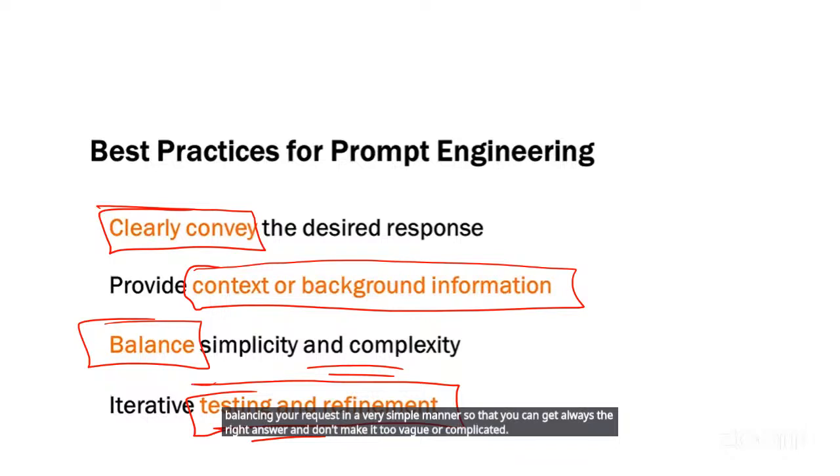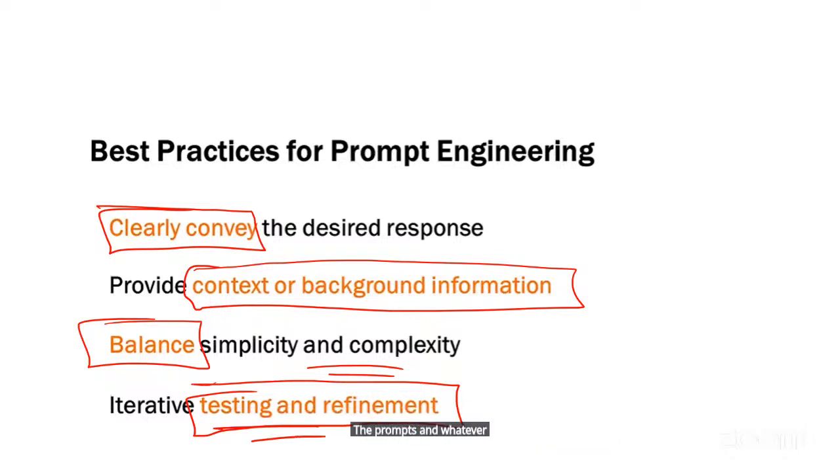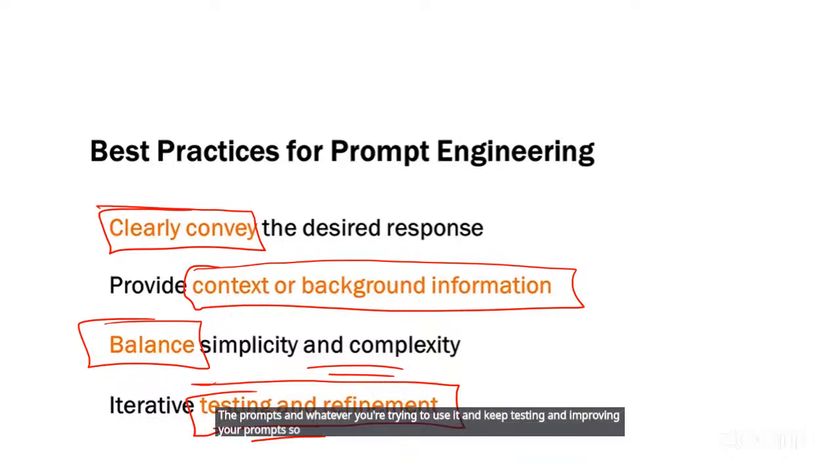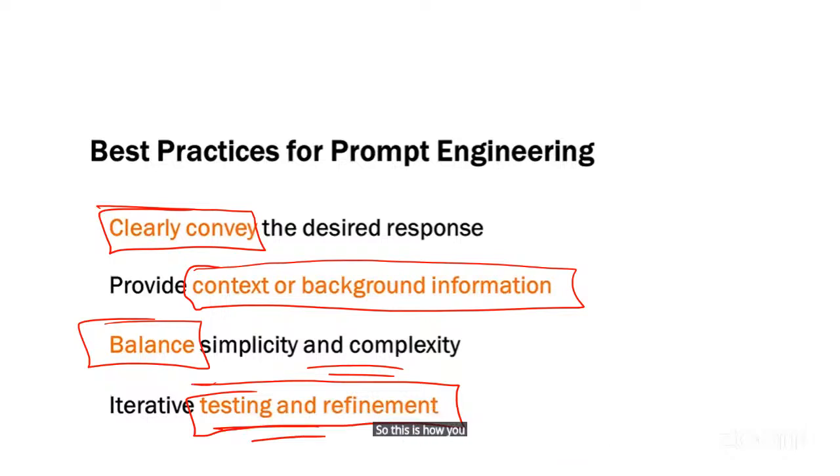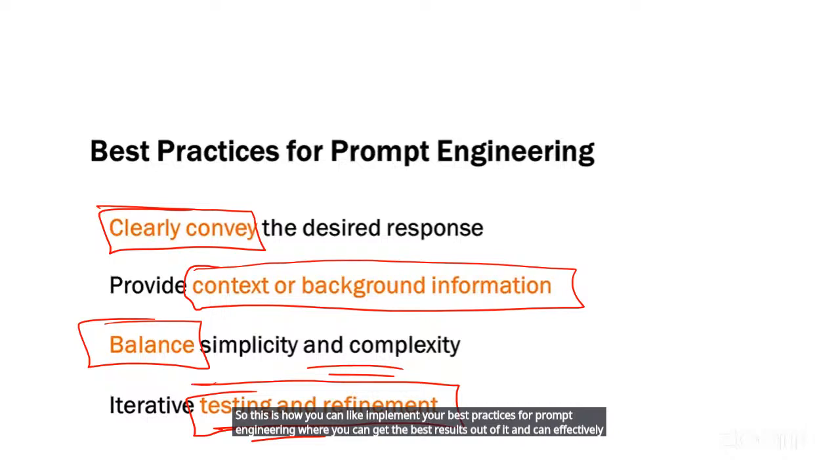And keep testing and improving your prompts so that you can see the best way to get the best result out of the prompt you're using. This is how you implement best practices for prompt engineering and get the best results out of it. This is the clarity we should all be aware of.